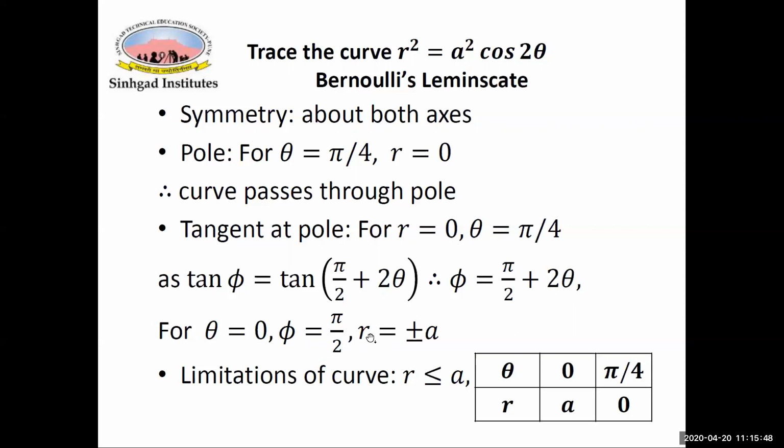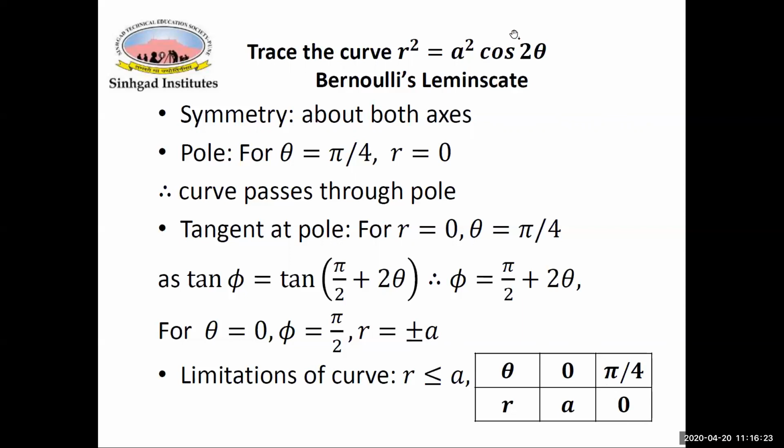Now the limitations, that is where the curve exists. When you put theta equal to 0, you have r square is equal to a square. So r is plus or minus a. Now we check for the region in the positive quadrant, since the curve is symmetric to both axes. Whatever the curve is in the first quadrant will be repeated in all remaining quadrants. So when I put theta equal to 0, I get r equal to a. In the positive quadrant, for pi by 4, it will be 0.